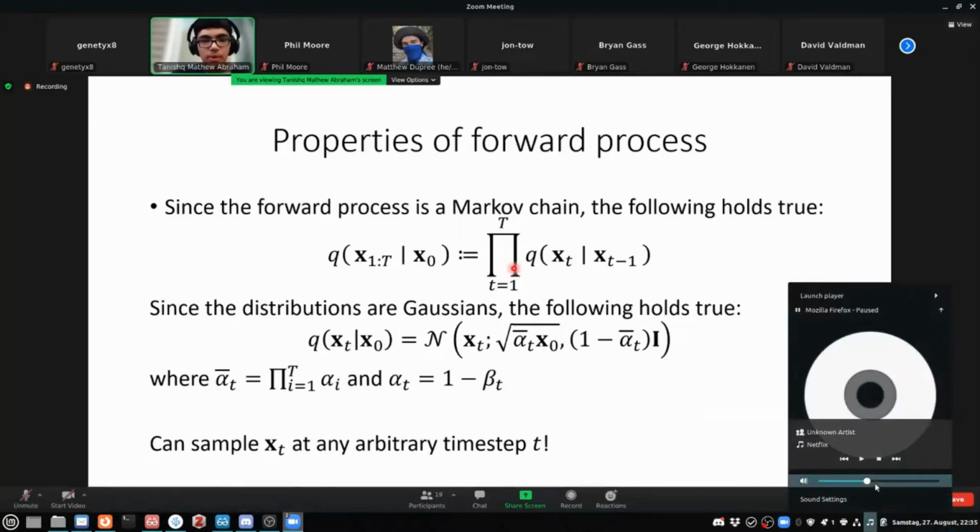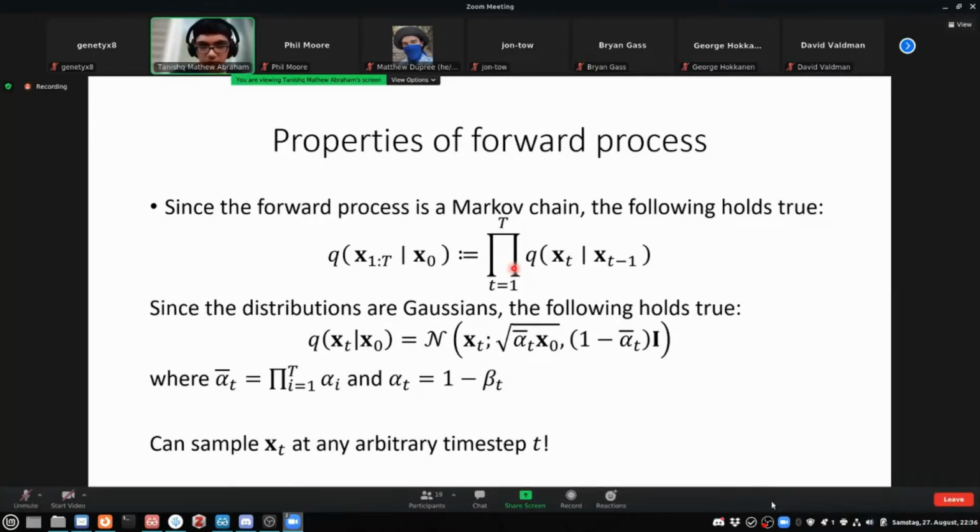Okay, so some properties of the forward process that turn out to be really helpful. Since the forward process is a Markov chain, the following statement holds true. Each of these is a conditional distribution that depends only on the previous time step.